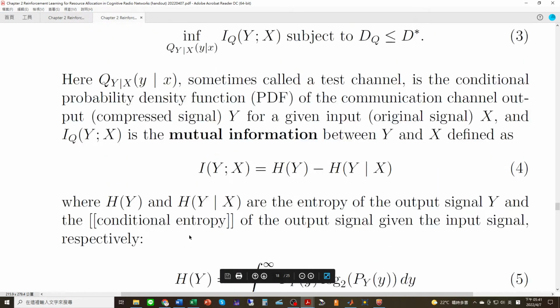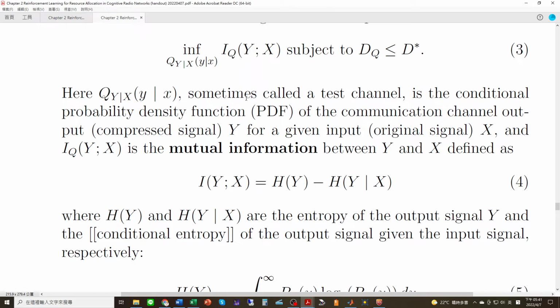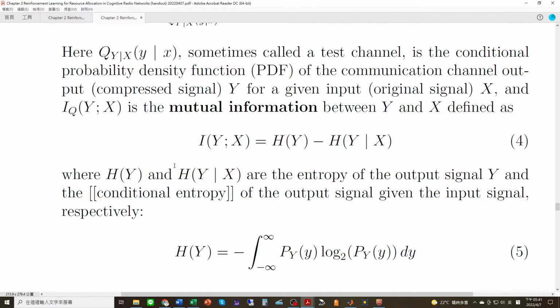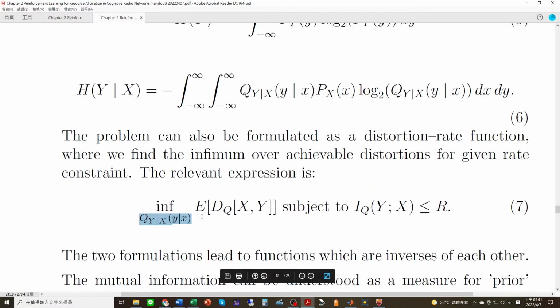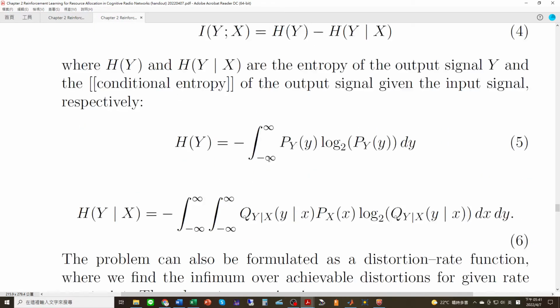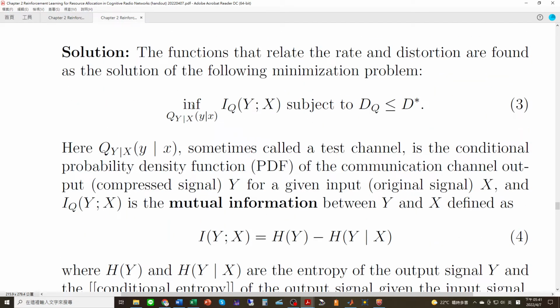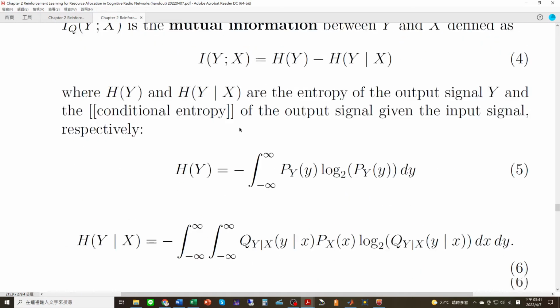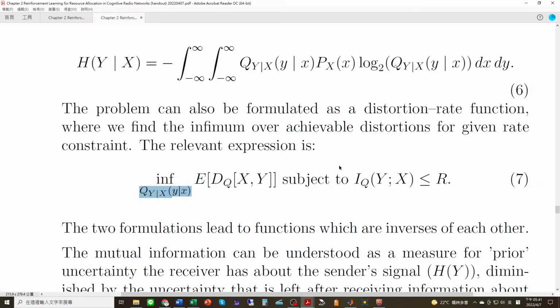What is Q_{Y|X}(y|x)? Sometimes called a test channel, it is the conditional probability density function (PDF) of Y given X. And the expectation of d_Q(X,Y) subject to I_Q(Y;X) being smaller than or equal to R. The two formulations lead to functions which are inverses of each other, because the first one is the rate distortion function, and this one is the distortion rate function.